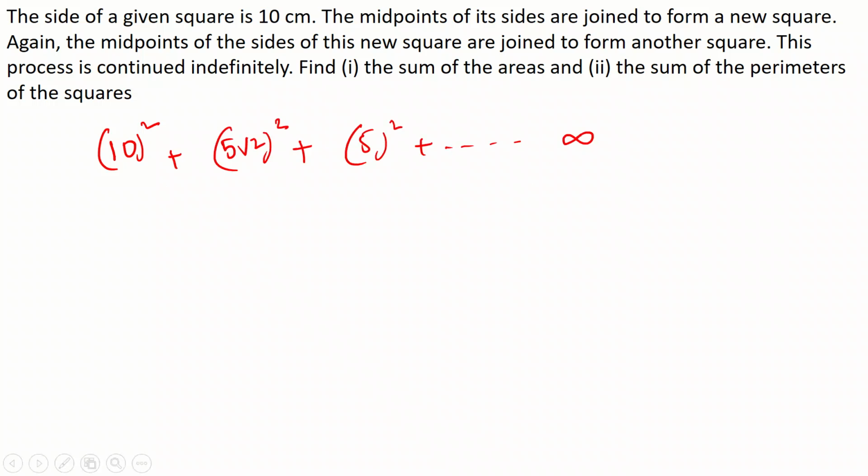So this is a GP now. Why GP? Because there is a constant ratio, 1 by root 2 for the sides, and we find the common ratio by dividing one area by the previous. So what is my A? A is my 10 square, which is 100.